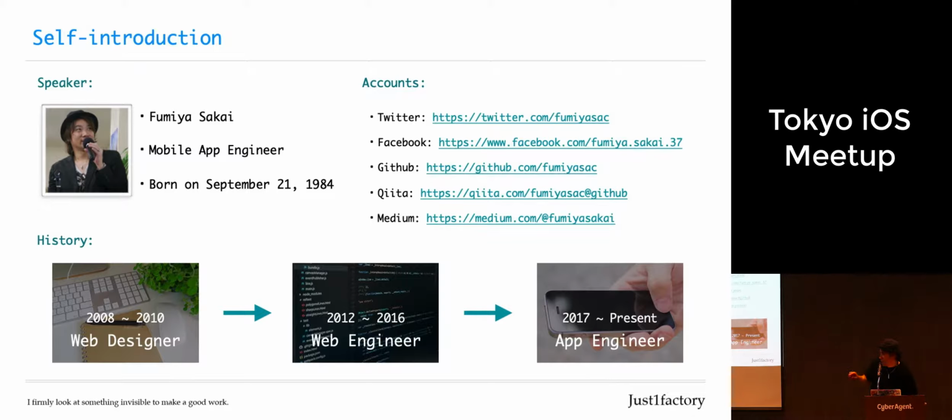I started as a web designer, next web engineer with Ruby, PHP and Node.js, and now app engineer. I often make user interfaces for iOS applications, with interaction and animations.